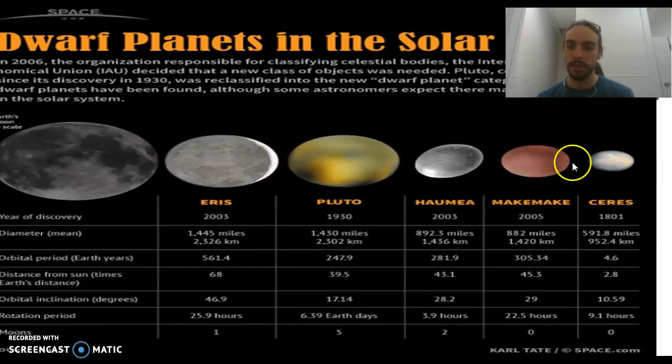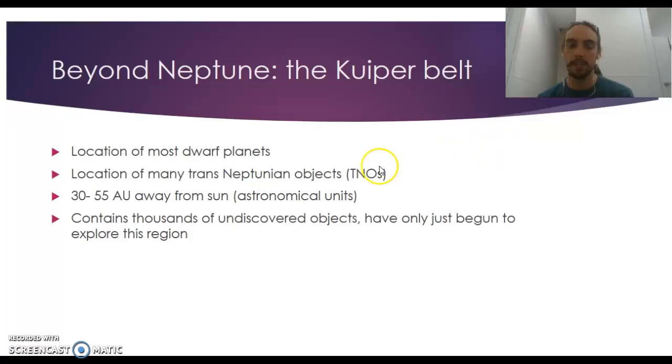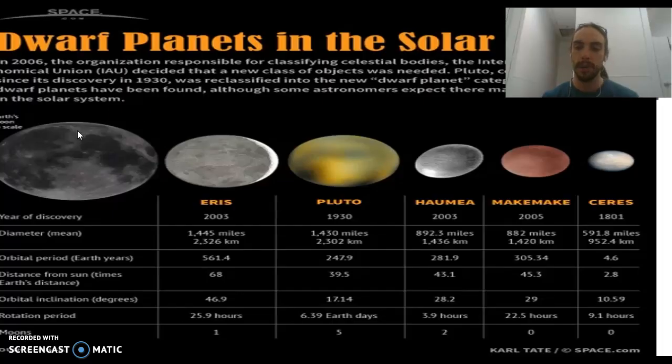But most of these other ones are in the Kuiper Belt. So they're technically considered trans-Neptunian objects, TNOs. So beyond Neptune, the Kuiper Belt is going to be the location of most dwarf planets, the ones that we know of other than Ceres.